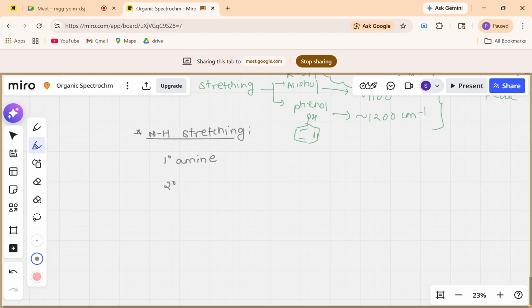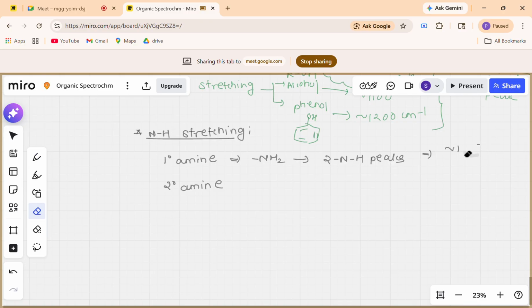Okay, so now next, this is about the OH, right? Now we will talk about NH stretching. In case of NH stretching, there can be a primary amine, and a secondary or tertiary amine can also be present, right? In case of primary amine, it's NH2. As we discussed, there will be similar atoms, but we will get 2 NH peaks.